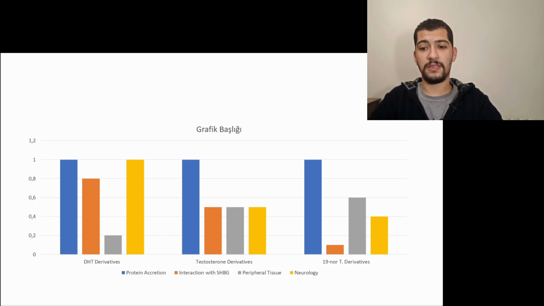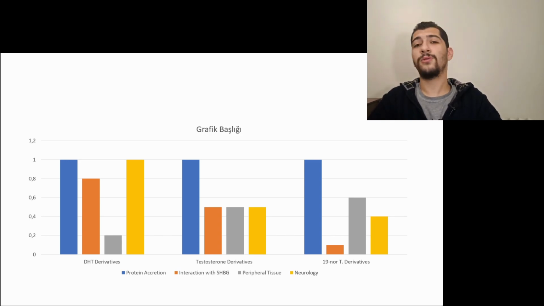19-nortestosterone derivatives can increase your glycogen content and cellular volumization more than the testosterone family, and the DHT derivative family increases the least amount of glycogen content and cellular volumization. They add the least lean body mass.